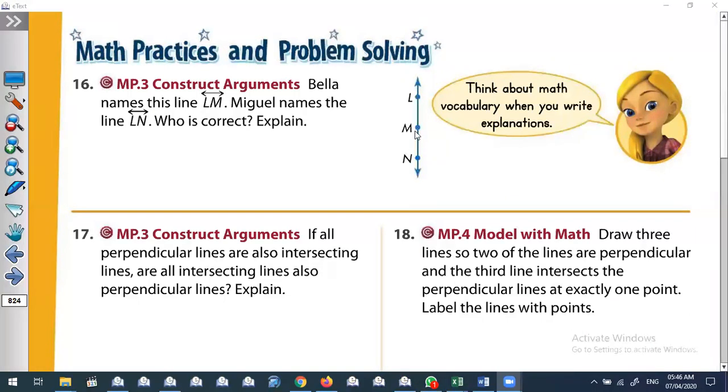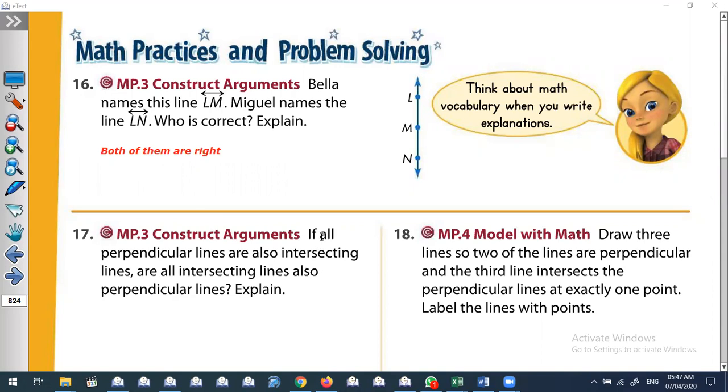The line LM never ends at L and M. It extends from L to infinity and M to infinity. So both of them are right. The two girls are right.